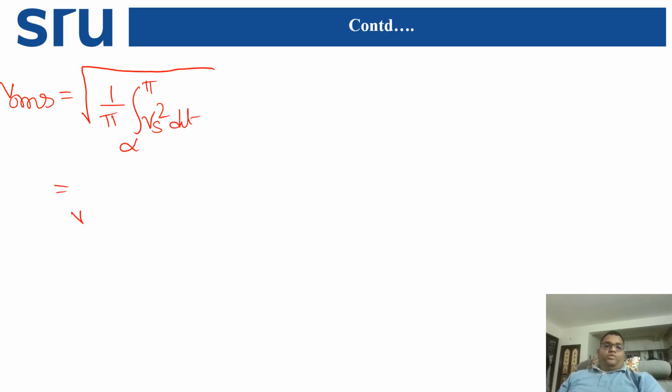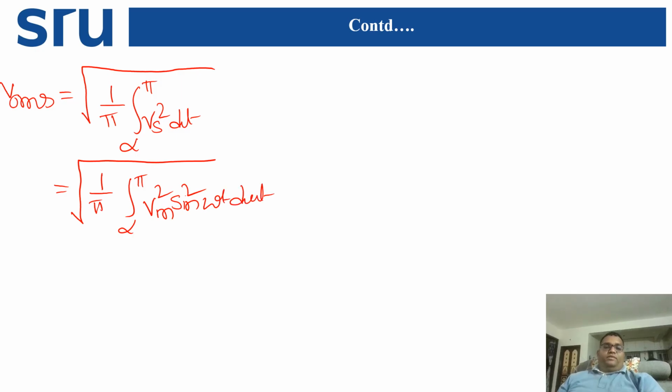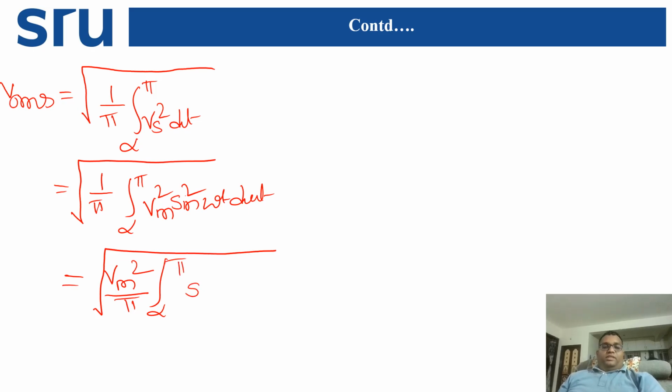Now, if you observe, 1 by pi integration alpha to pi Vs, where Vs is Vm sin omega t, gives Vm square sin square omega t d omega t. Now Vm square by pi, square root of integration alpha to pi sin square omega t d omega t.